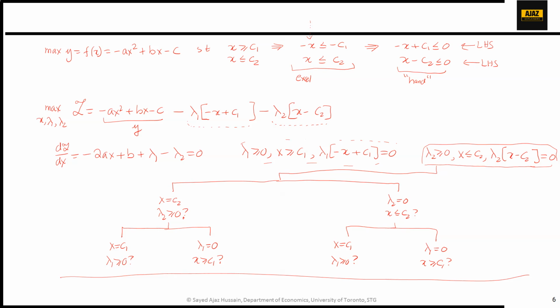And what will happen is something like this. You will notice that I get 4 cases. I'll get case A, B, C, and D. Let's talk about x and c1 first. Under case A, the leftmost branch, you have x is equal to c1. What about c2? Well, x is also required to be equal to c2.